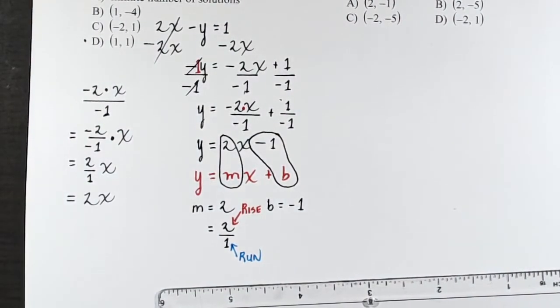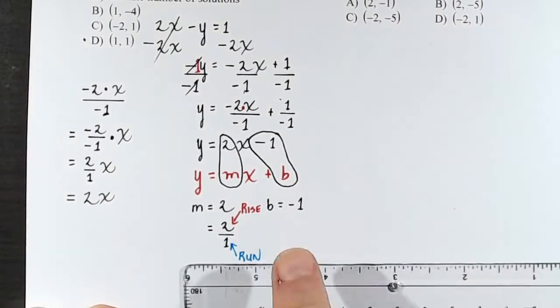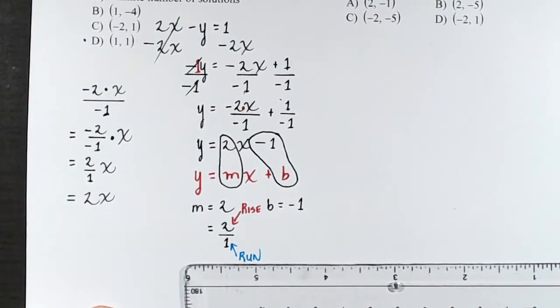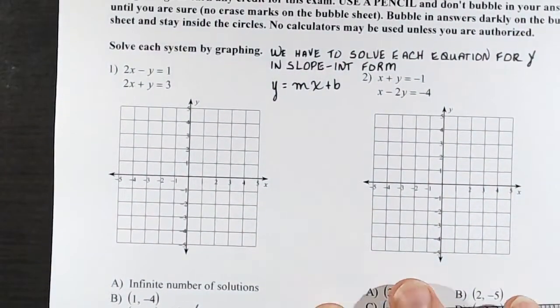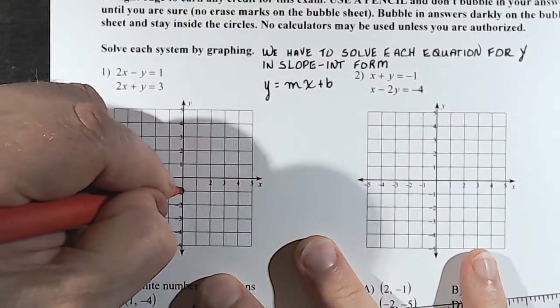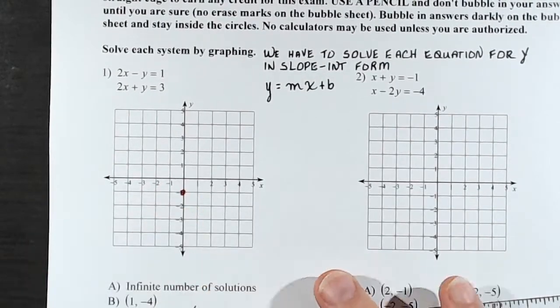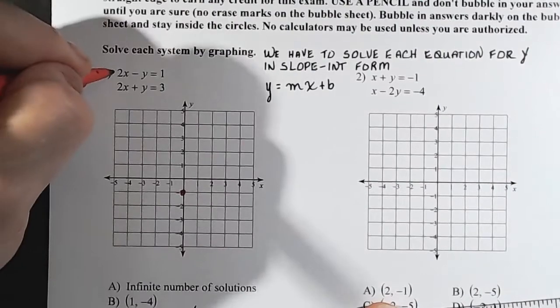Okay? So when I go back to my graph, what I'm going to do is find -1 on the y-axis, and I'll put a dot there. That's the y-intercept of this top equation.